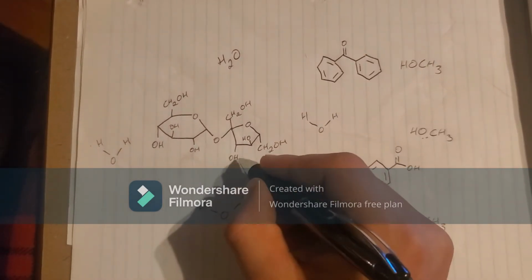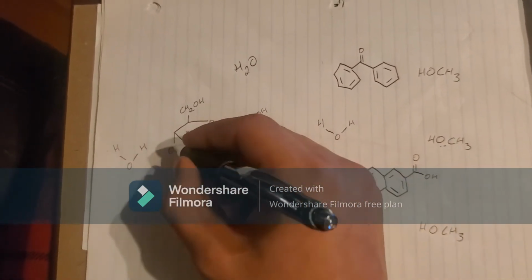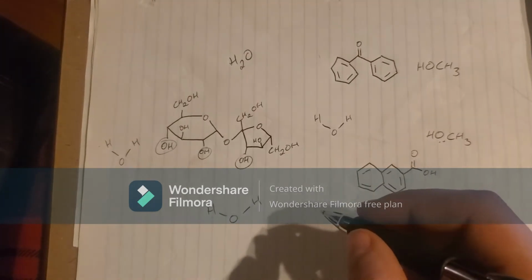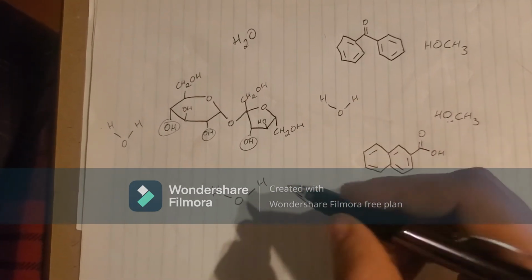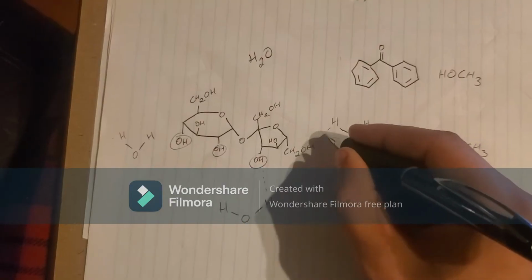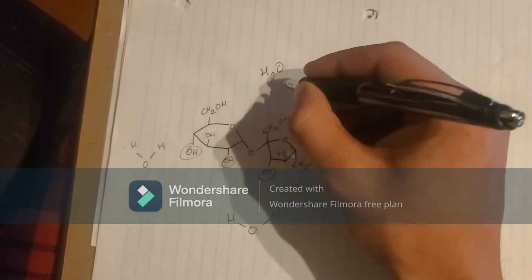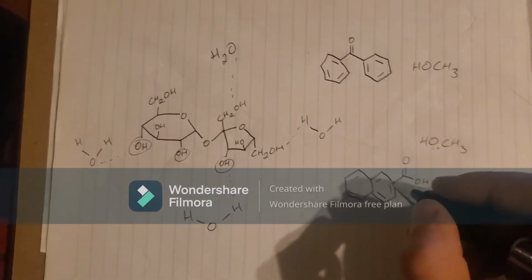Since there's all these polar groups on the sucrose, there's lots of availability for hydrogen bonding, allowing it to dissolve.